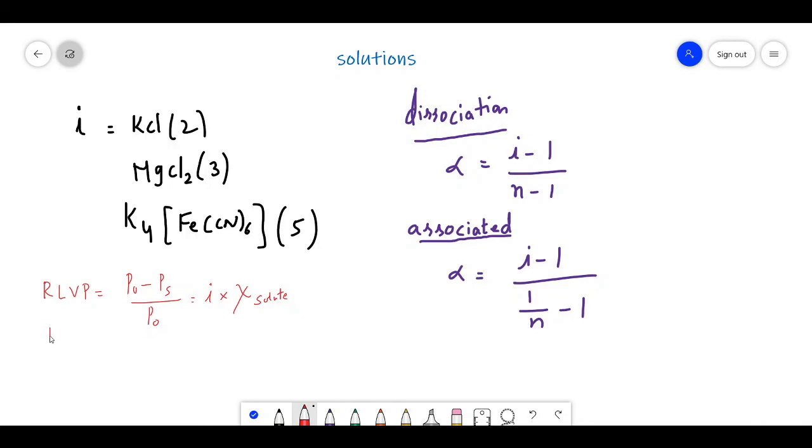Next, elevation of boiling point is also modified, that is delta Tb is equal to i into Kb into molality, and the depression of freezing point is modified as delta Tf is equal to i into Kf into molality.